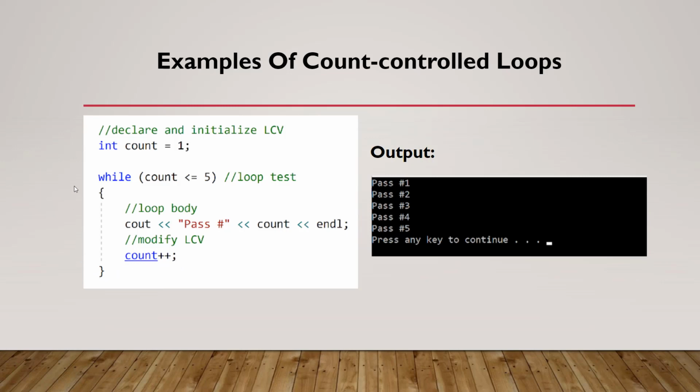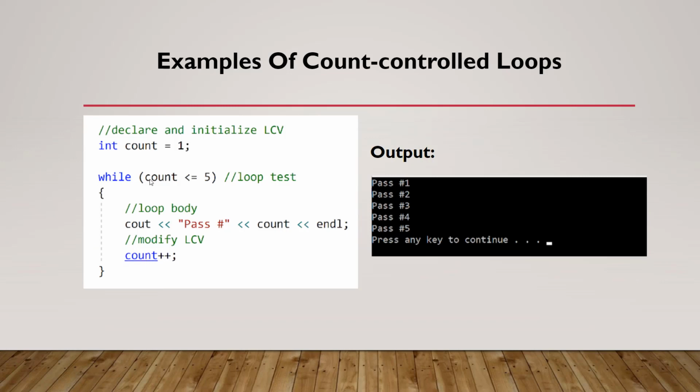Then it goes back to the top of the loop and executes the loop test again. Now count is 2, so is count less than or equal to 5? That's still true. So we go into the loop body, cout pass number 2, increment count, and count becomes 3.